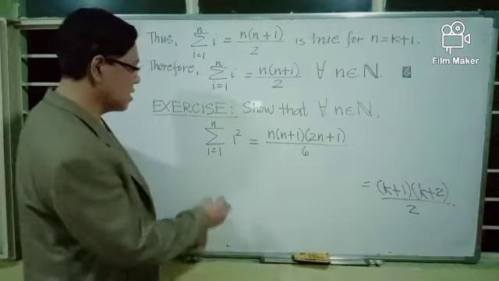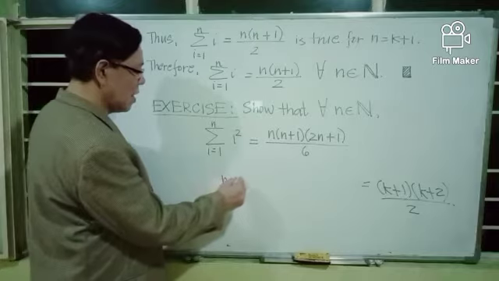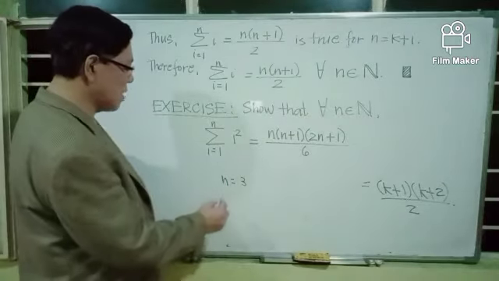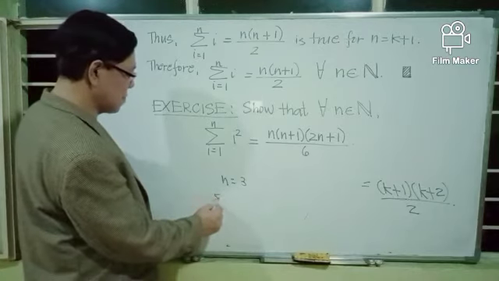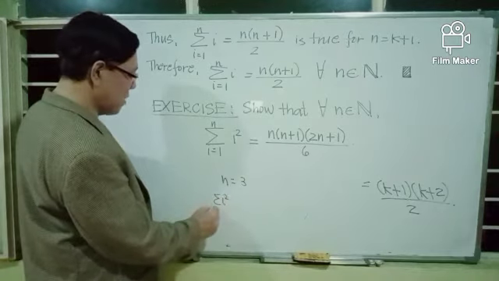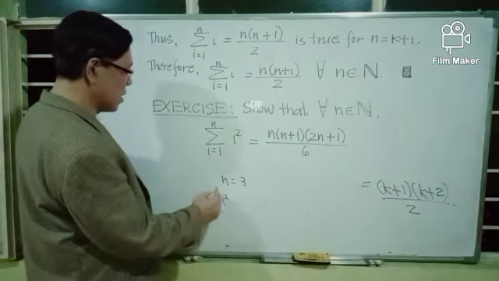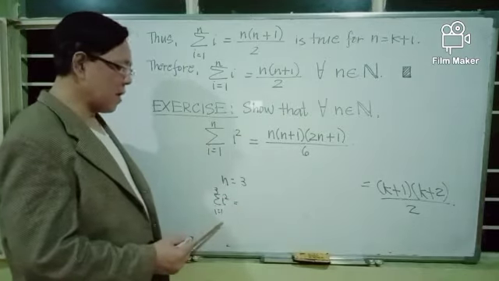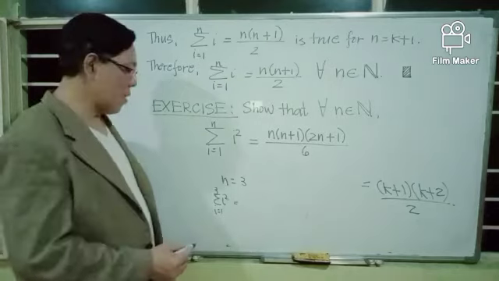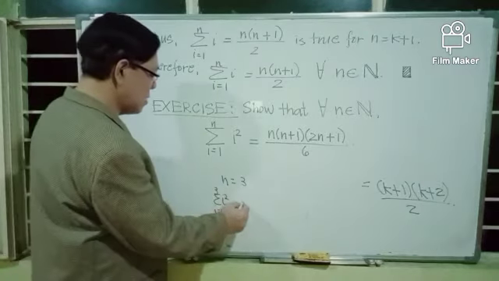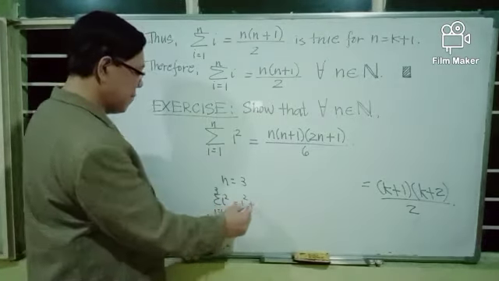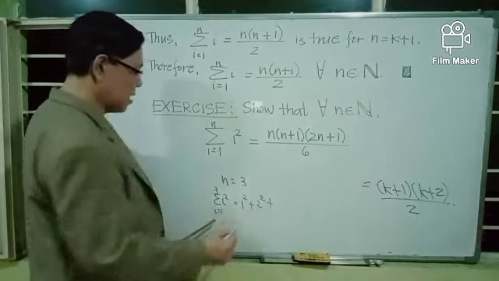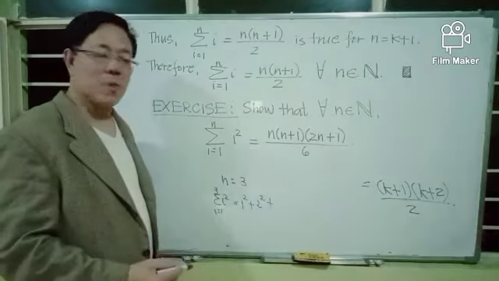Example, n is 3. Then for the left hand side, you will have the summation of i squared for i is 1 to 3, which is equal to the sum of the square of 1, plus next to 1 is 2, the square of 2, plus next to 2 is 3, the square of 3.